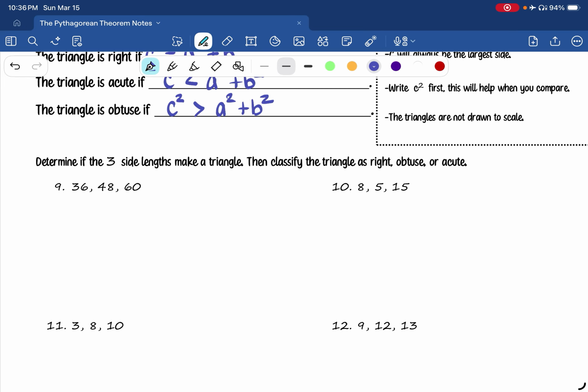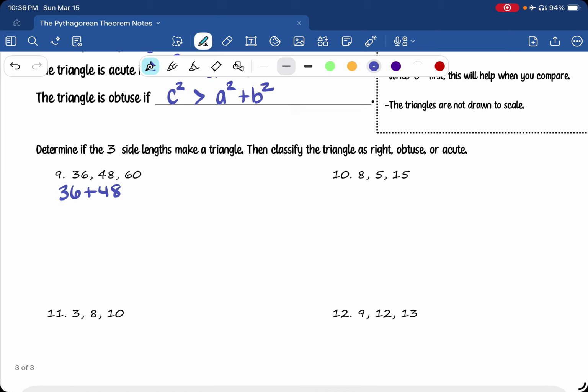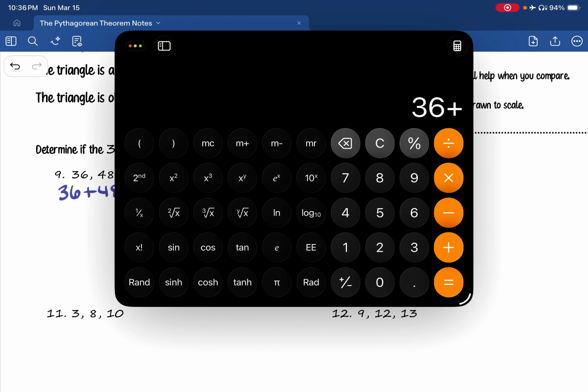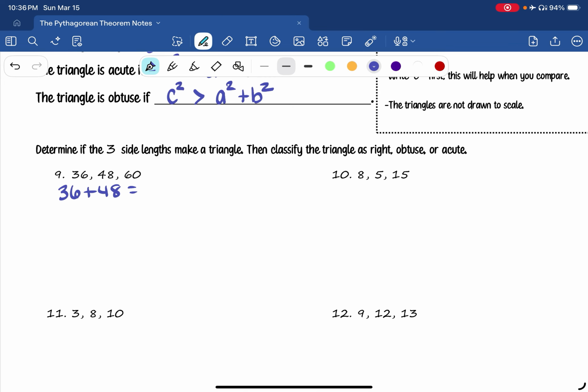If I add 36 and 48 together, is that number going to be bigger than 60? Yeah, you can definitely tell that, but 36 plus 48 is definitely going to be greater than 60. And if you just want to see 36 plus 48, that gives me 84. And 84 is definitely greater than 60. So it does make a triangle. So we don't have to worry about that.